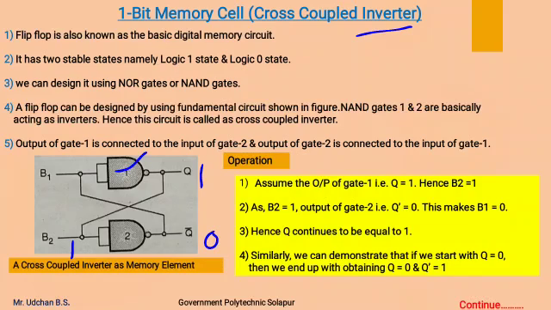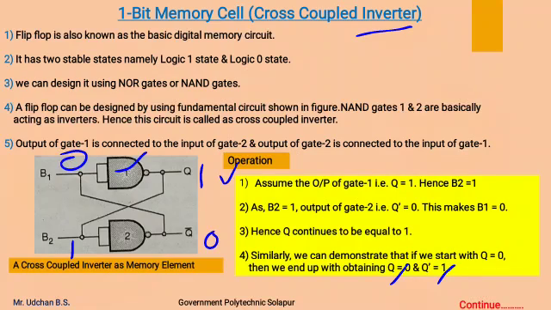As Q complement becomes 0, B1 will become 0, by which the output of NAND gate 1 will become 1. Hence Q continues to be equal to 1. Similarly, we can demonstrate that if we start with Q equal to 0, then we end up with Q equal to 0 and Q complement equal to 1.